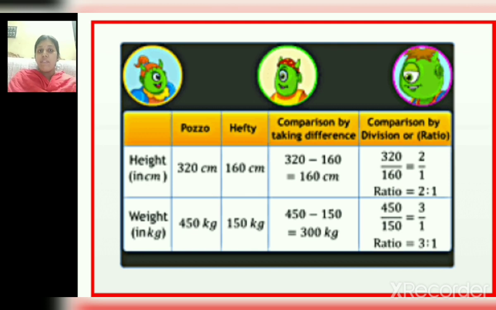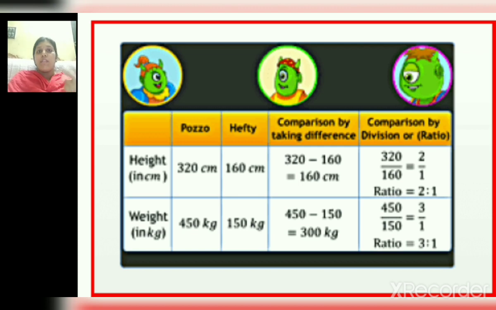That's why we were able to compare them by taking division. To find the ratio, the necessary thing is that both quantities should be of the same unit. Next case, weight: both are weights, so both are in the same unit.